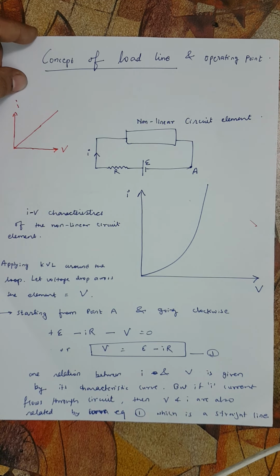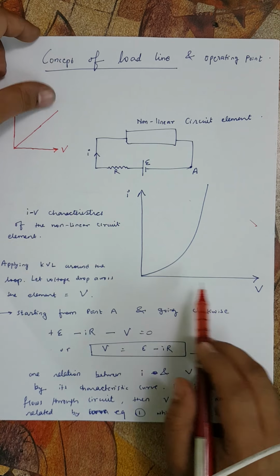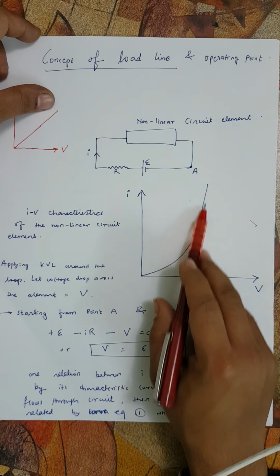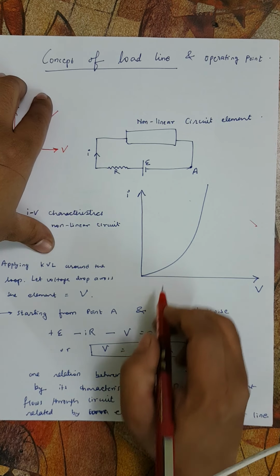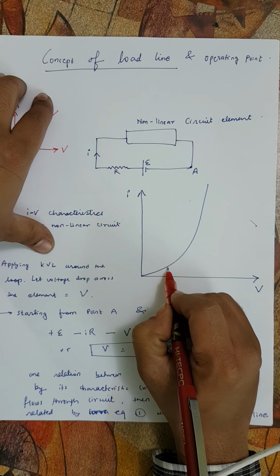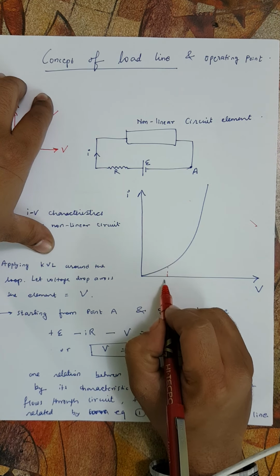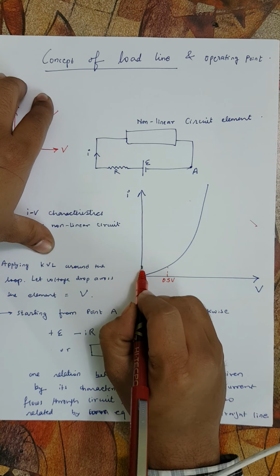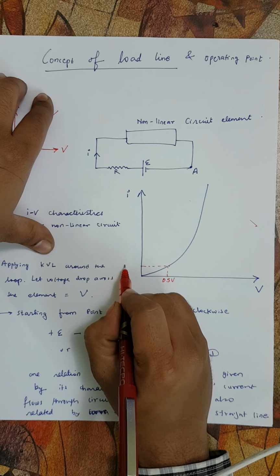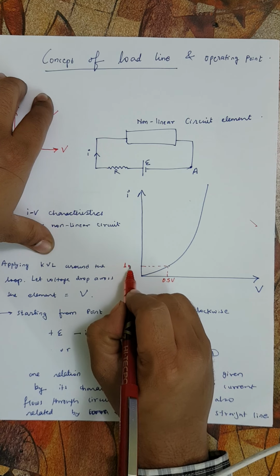Now we know that the diode or any PN junction does not follow a linear curve for its IV characteristics. We know that the curve is something like this. So this is a non-linear element IV characteristic, which means for example, if you supply a voltage of maybe 0.5 volt, then you get something around, let's say, 1 milliampere current.